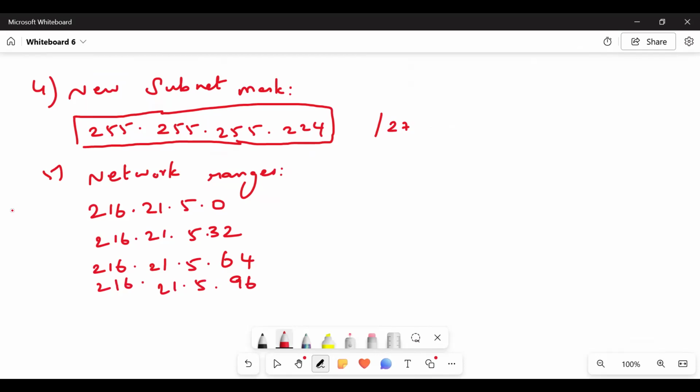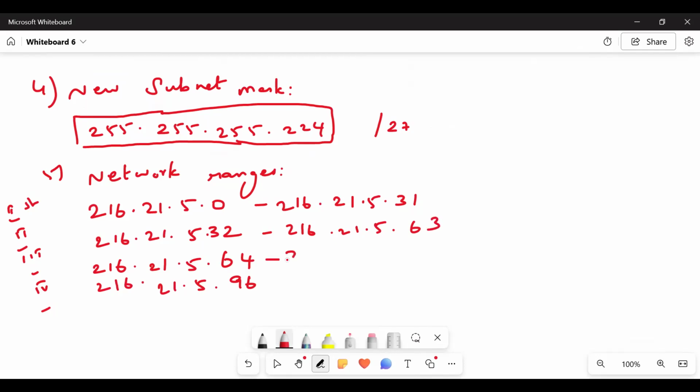So this is actually our first subnet, this is second subnet, third, and this one is fourth subnet. Okay. So this is the first address. So the ranges will be 216.21.5, the before address, that is 31, and here 216.21.5, the before address of 64 is 63.